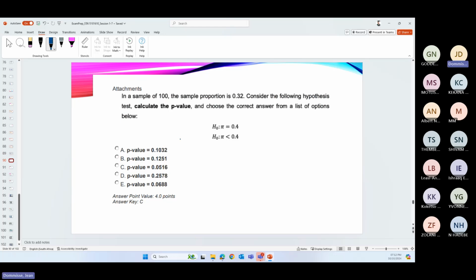Then the last one. Here they tell us in a sample of 100, the sample proportion is this. Consider the following hypothesis test and calculate the p-value. Okay, so automatically that tells me one tail.